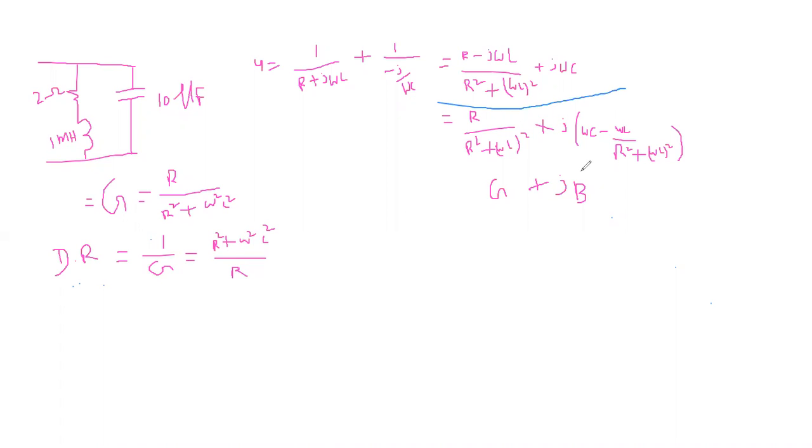We know the first is to calculate the omega. So at resonant condition, susceptance part equal to 0. Susceptance part equal to 0 means omega C minus omega L by R square plus omega L square equal to 0.